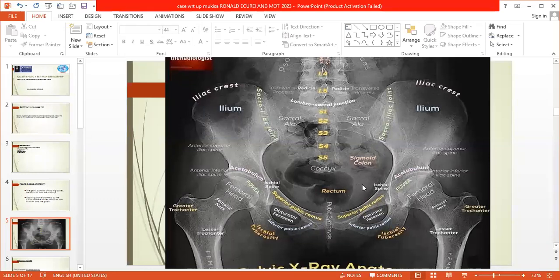That's why you are able to see the sigmoid colon, the coccyx, the rectum, and the bladder, which shows its important role. It also serves as an attachment site for the muscles involved in movement and stability, including the gluteal muscles, hip flexors, and the pelvic floor muscles around here.